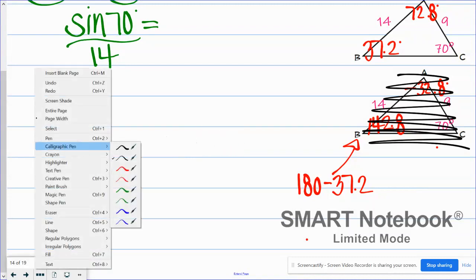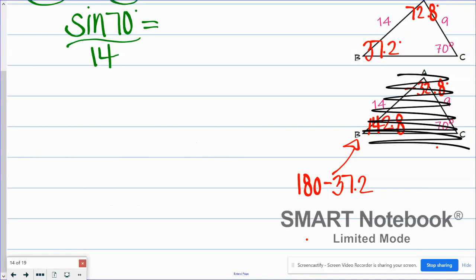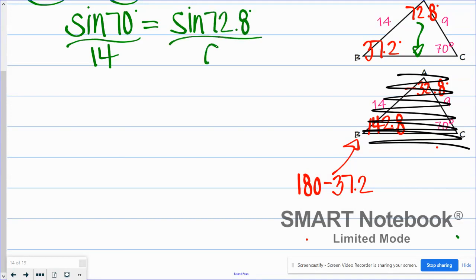So I should probably find it. So I've got my buddy system ratio, sine of 70 over 14, and I'm going to use that to figure out what side A is. That gives me sine of 72.8 degrees divided by side A.